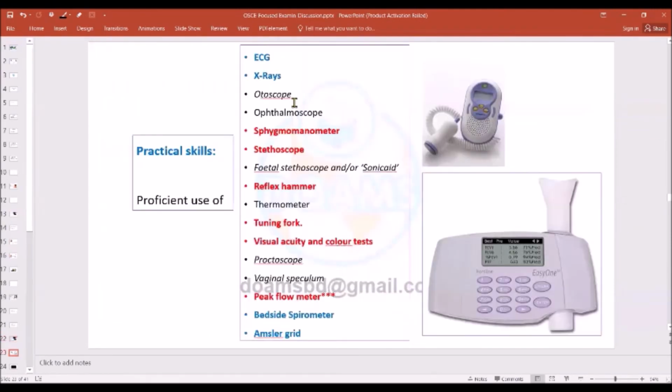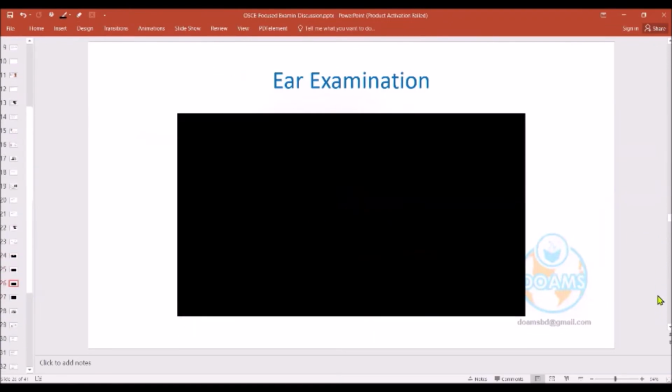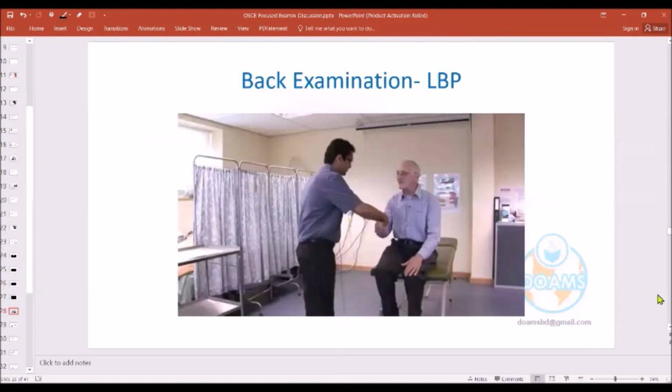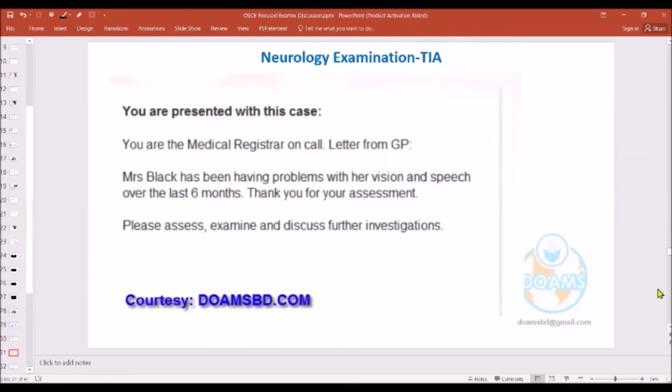In this way, another message is the utilization of these instruments you need to practice or you need to know. And other examinations: hand examination, cranial nerve examination, ear examination, nose examination, back examination for low back pain, knee examination, fundoscopy.